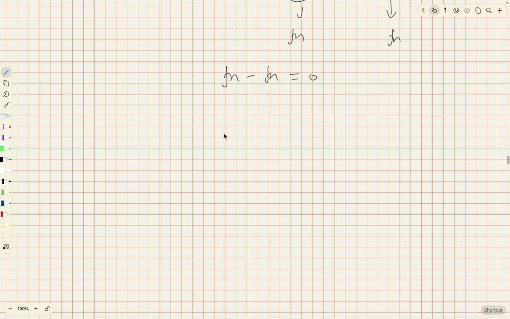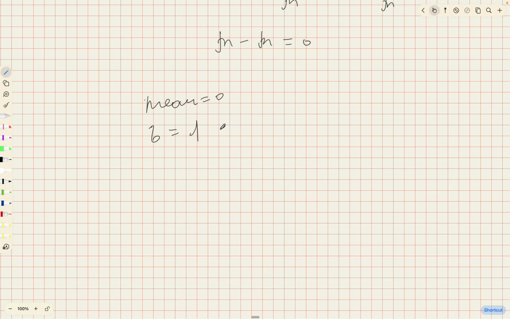And let's look at how we make sure that the standard deviation is 1. So we knew before that the mean is already 0, and what we want to do is make the standard deviation 1. So we're basically changing the variance and making sure that the deviation is 1.